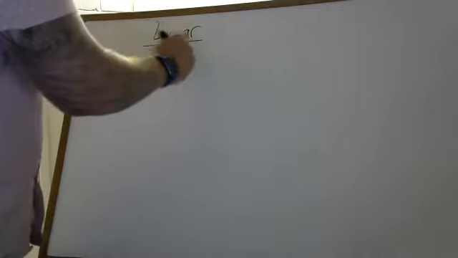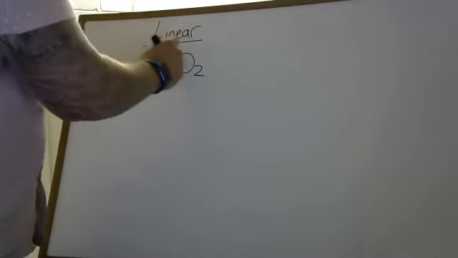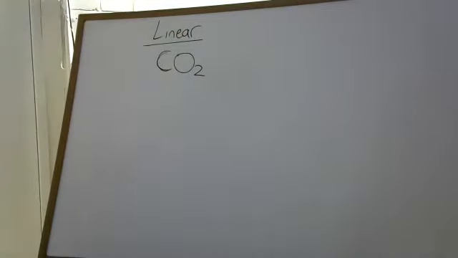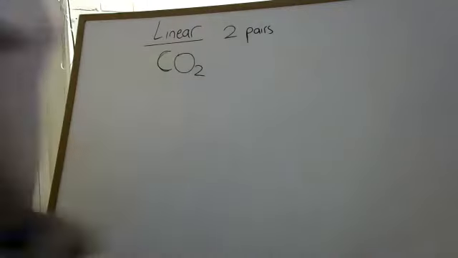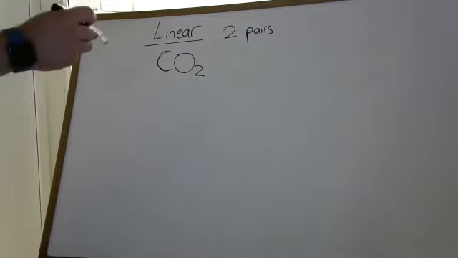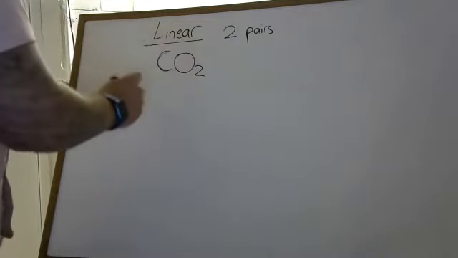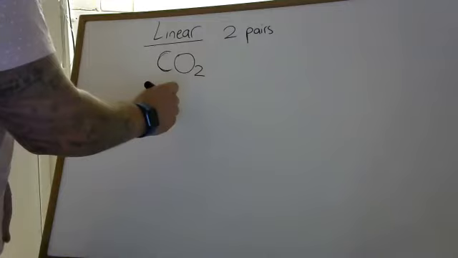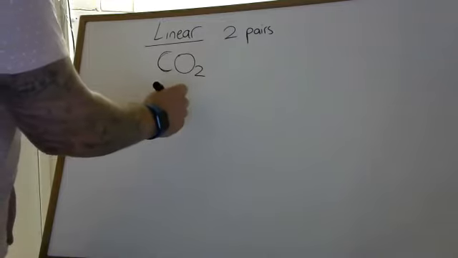Why can't I think of one? There we go, CO2. So there's two atoms involved, or two pairs of electrons. How do I know that? Don't ask. Two pairs. So we would have carbon.